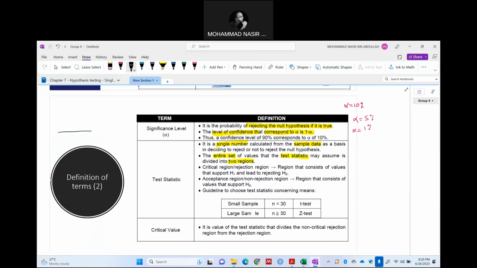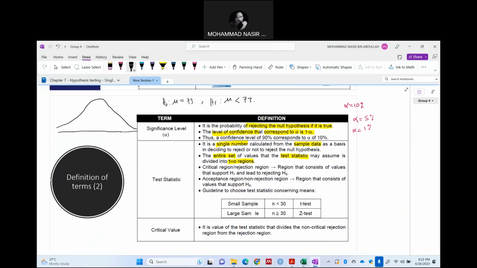As I said before, we are looking into one tail or two tail of hypothesis testing, right? If we are looking into one tail, let's say the null hypothesis mu equal to 73, right? Alternative hypothesis mu less than 73. So what does this mean? This is what I claim, that the mean weight of all students in this class is less than 73 kilos.